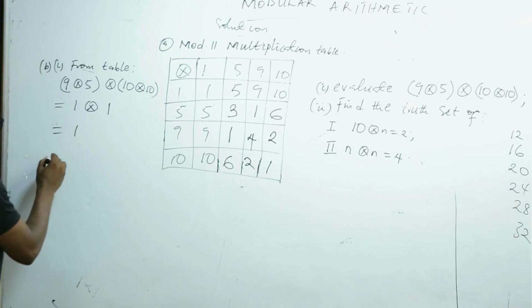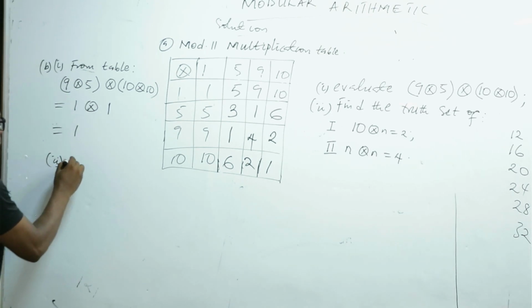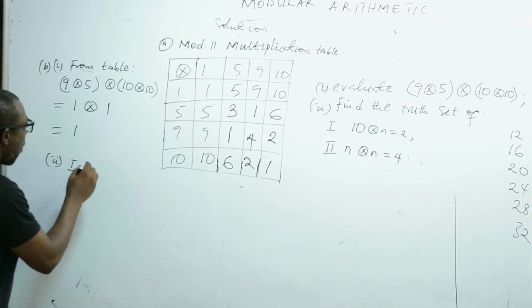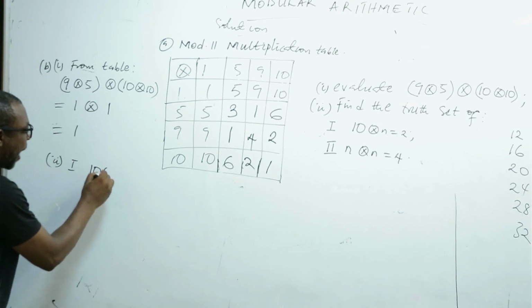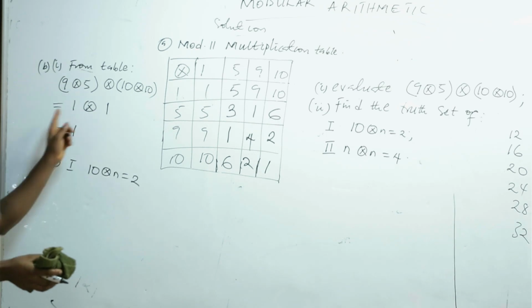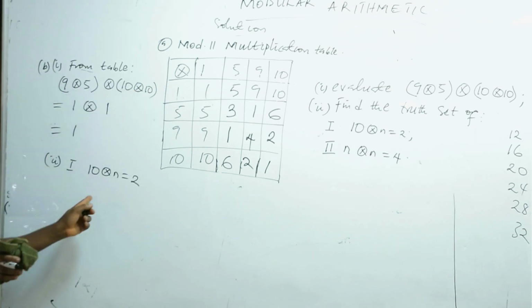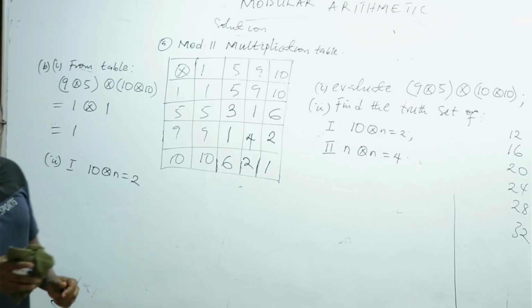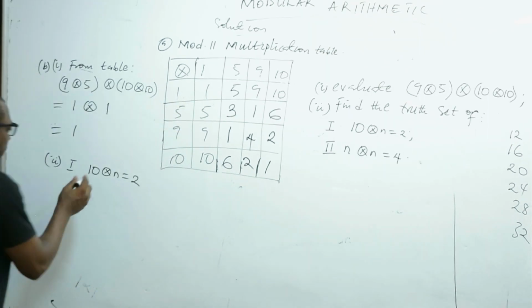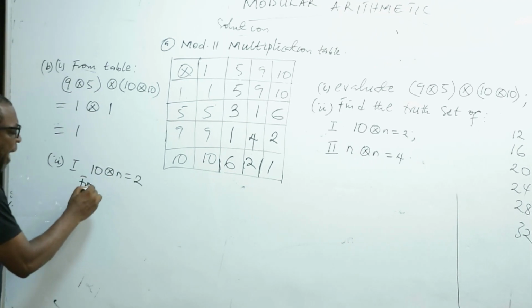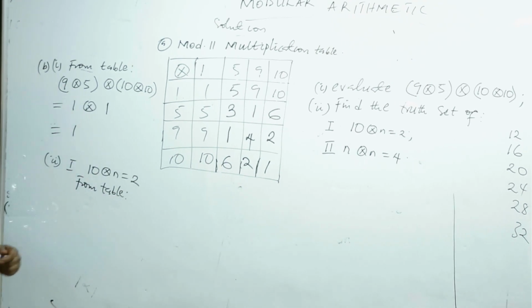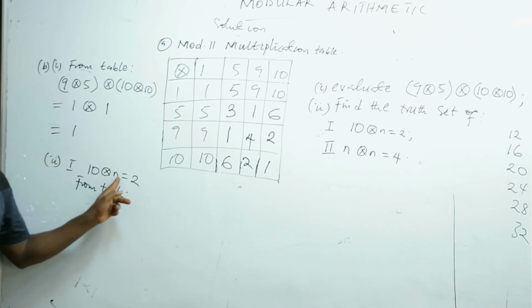Then we go down to question B, Roman figure 2. Now, what we are going to do is to bring down this value first. Note the difference between solving this and solving a congruence equation. Okay, let's see what happens here. From the table, 10 operation an unknown n will give us 2.